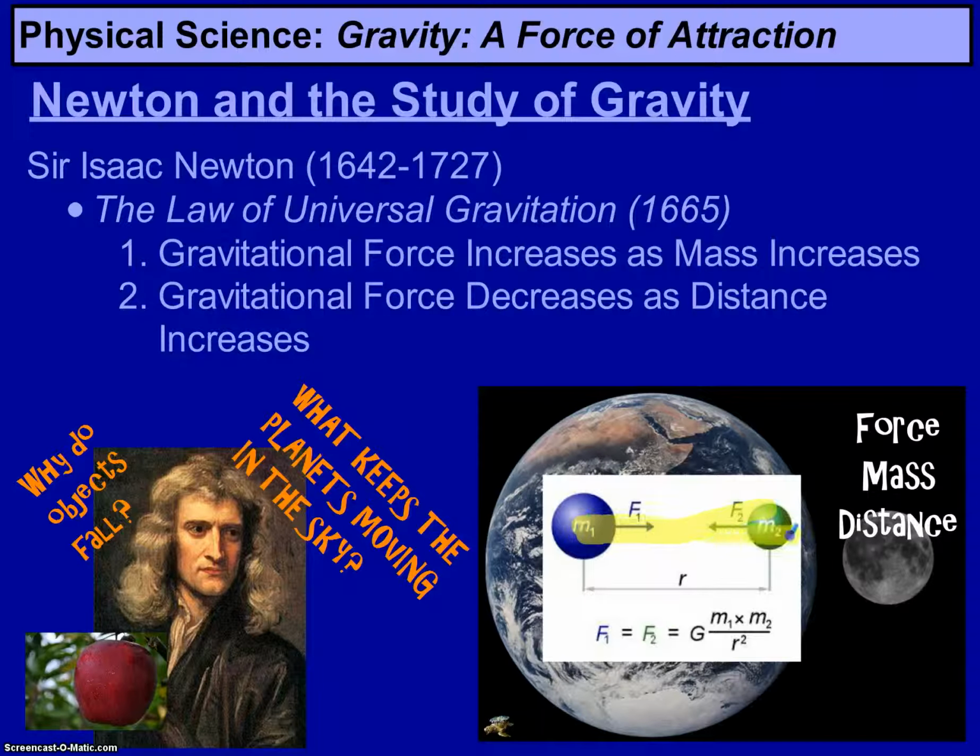So as the distance between these two bodies increases, then the gravitational force is going to decrease. Also, as the mass of these two objects increases, the force is also going to increase.